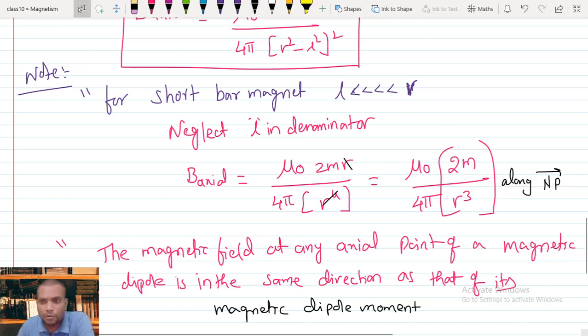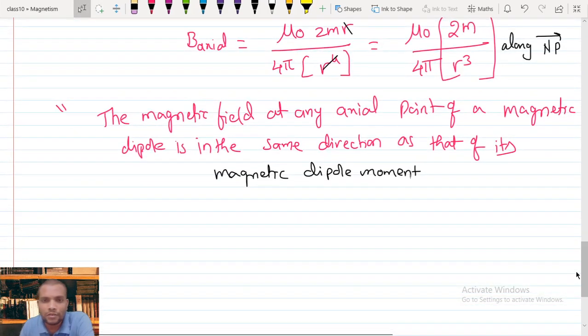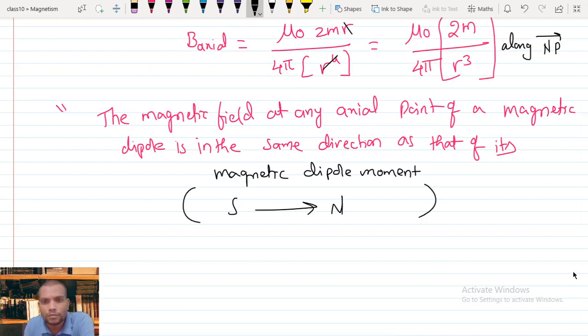As I said, the magnetic dipole moment direction is from the south to north pole. So here I can write: the magnetic field at any axial point of a magnetic dipole is in the same direction as that of its magnetic dipole moment. Just remember that the magnetic dipole moment direction is always from south to north. So in the axial position, the magnetic field direction is always the same as the magnetic dipole moment direction.